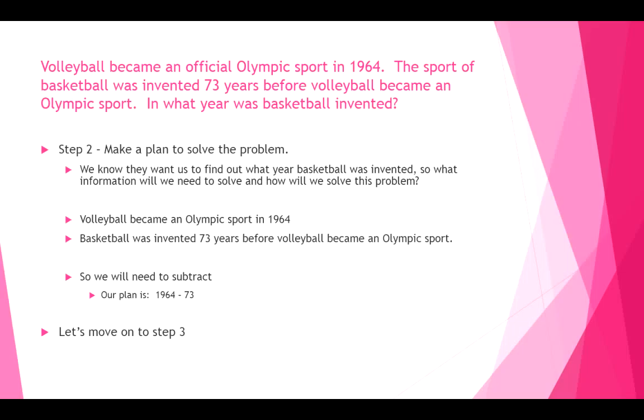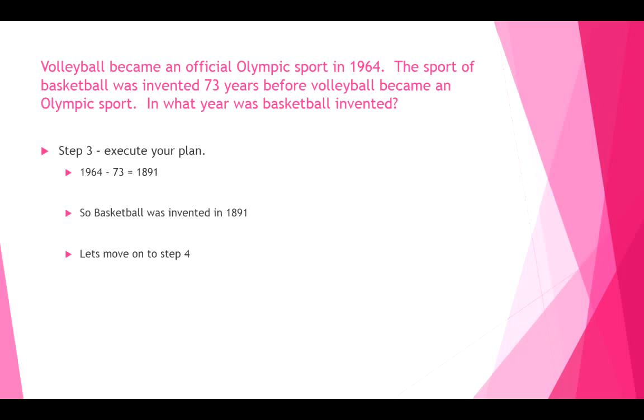Now that we have our plan, let's move on to step 3. Step 3, we're going to execute and solve our plan or solve our problem. 1964 minus 73 equals 1891. So, basketball was invented in 1891. Now that we have our answer, we've solved our problem, let's move on to step 4.